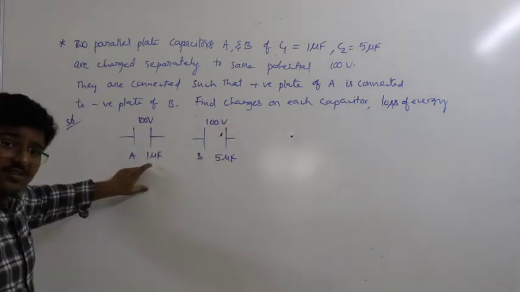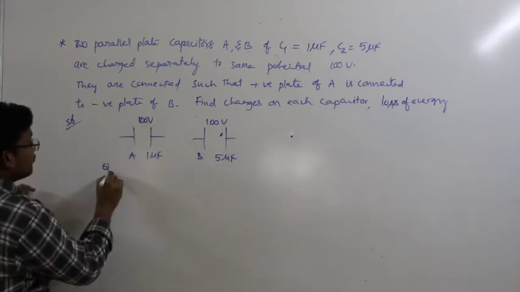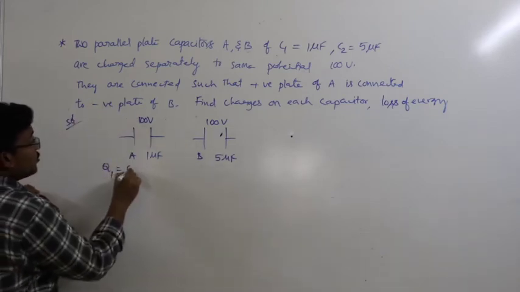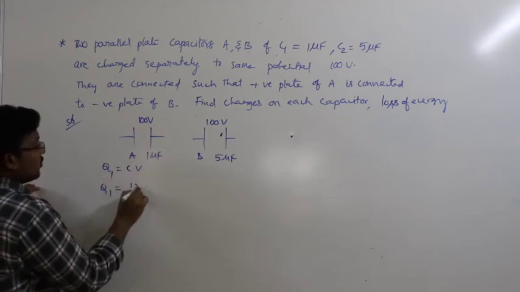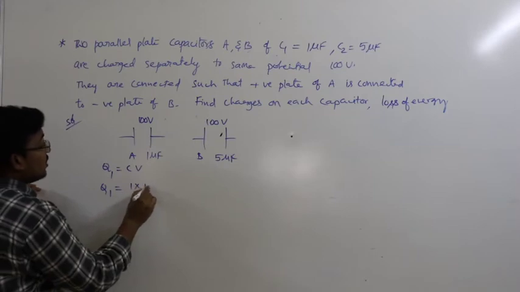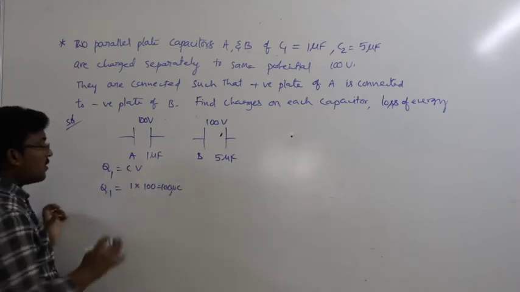When the capacitance and voltage are given, you can find the charge. Now what is the charge of the first capacitor? Q is equal to CV. So the charge is C is 1 and this is 100, so that is 100 microcoulombs.